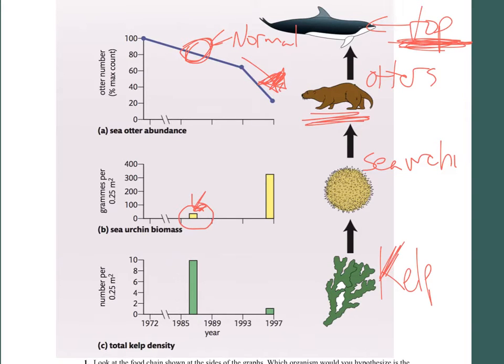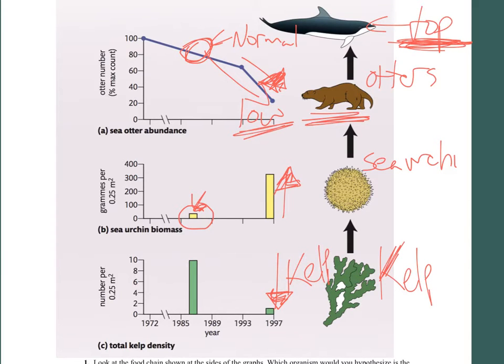Once otters decrease and are low in numbers, then sea urchins increase. The increase in sea urchins leads to a decrease in kelp.